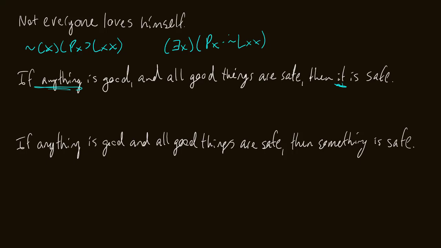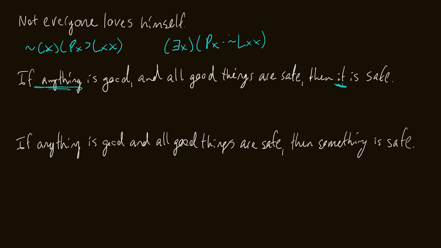So let's start translating. So if anything is good, I'm thinking, okay, so if we say for all X, X is good, and all good things are safe, what we might say is then for all Y, if Y is a good thing, then Y is safe, then X is safe.